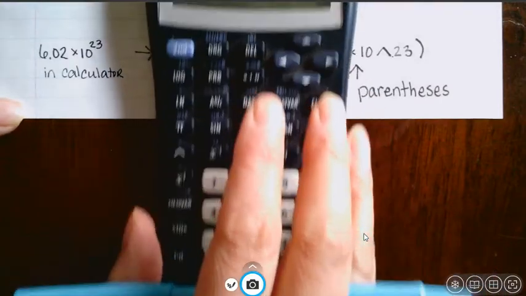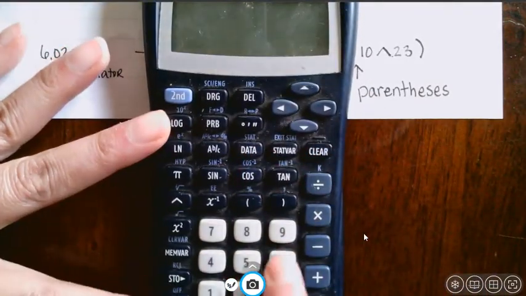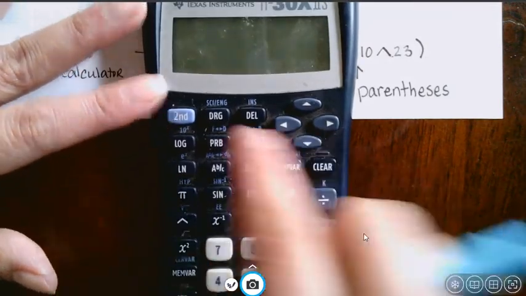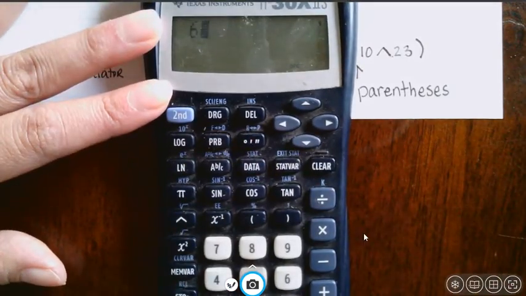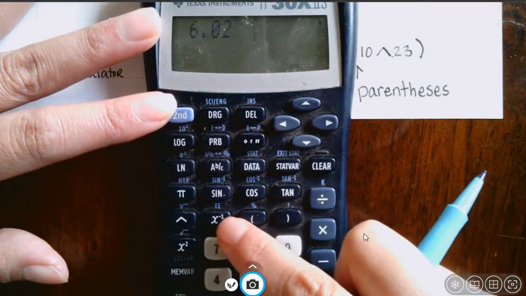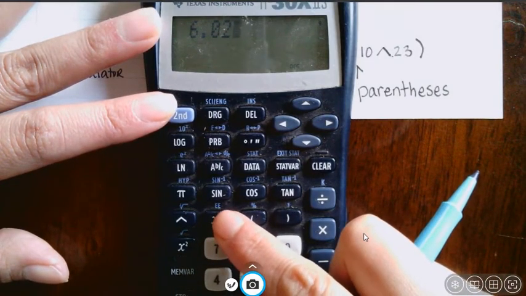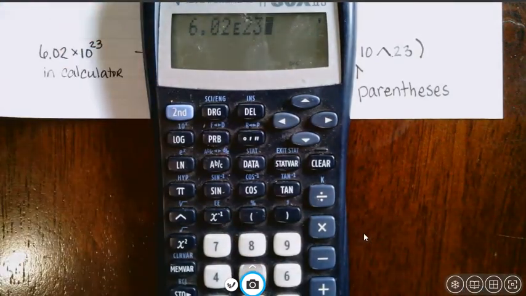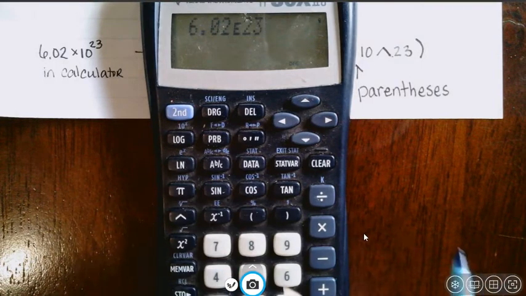It looks like this. 6.02, for my calculator I have to use a second function to get to that EE. See, it's blue, second E, 23. Now I have 6.02 times 10 to the power of 23 written in here.